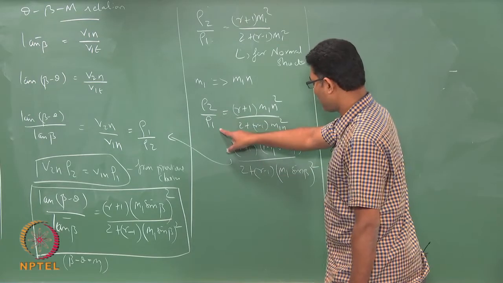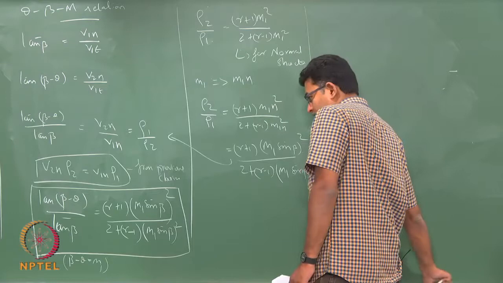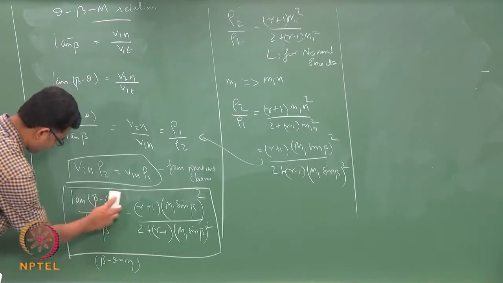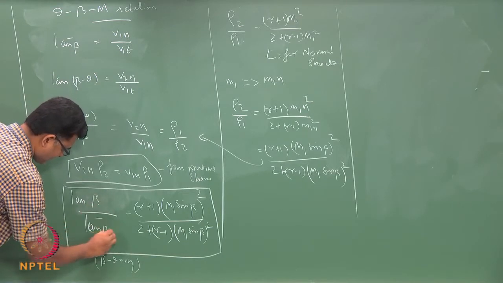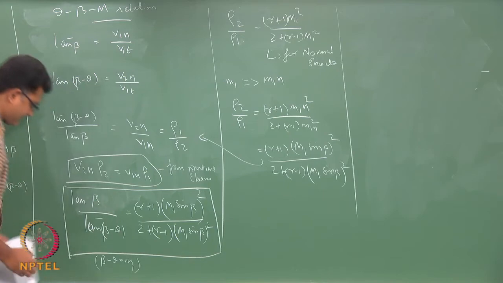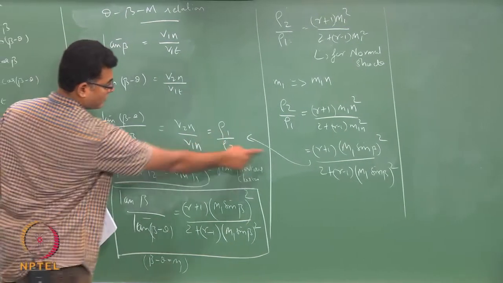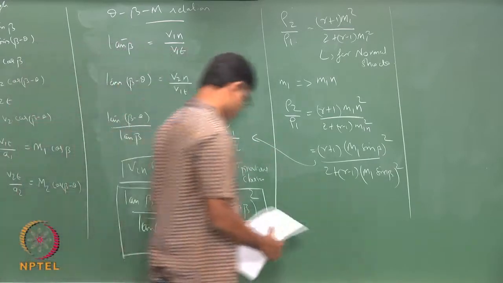This is rho 2 by rho 1, what I have here is rho 1 by rho 2, so this should be the inverse of that. So, this will be tan beta by tan beta minus theta. Okay. So, I have to take the inverse of that.